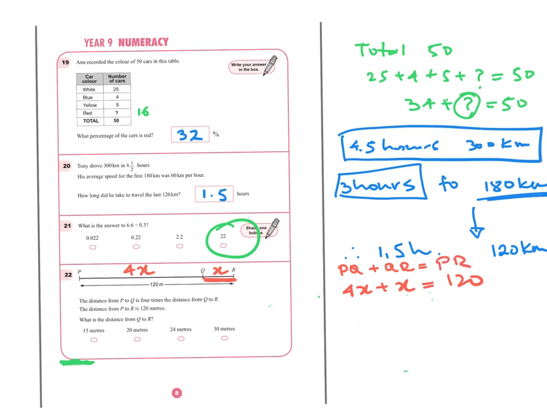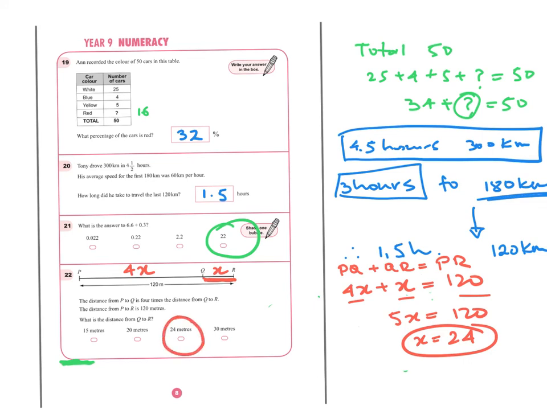And now replacing the values, we're gonna get this. So it's 5x is equal to 120. So divide everything by 5, and x is gonna be 24. So the question is, what is the distance from Q to R? They're just asking this. So x is equal to 24, and you're gonna choose 24.